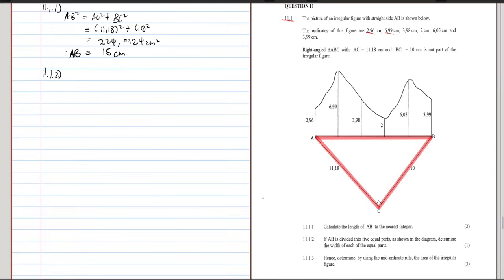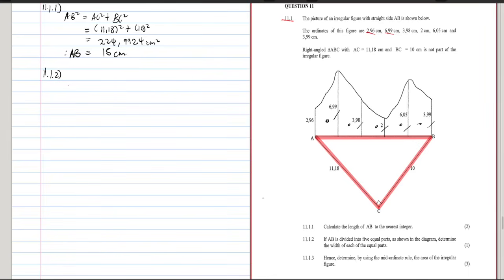11.1.2. If AB is divided into 5 equal parts as shown in the diagram, determine the width of each of the equal parts. 1, 2, 3, 4, 5. Yes, it's divided into 5 parts.